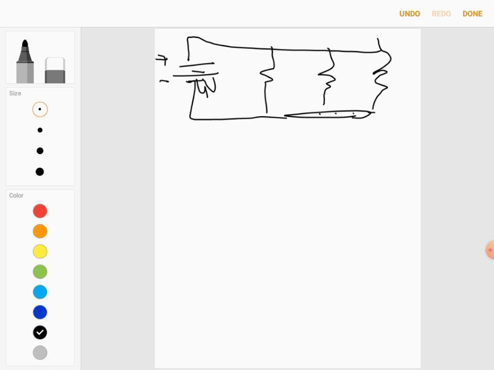Then we have 5k ohms, 4k ohms, and then 3k ohms. Sorry that is so messy. I wish I could do something a different way, but just try to listen to what I say. This is the first resistor, this is the second one, and this is the third one.